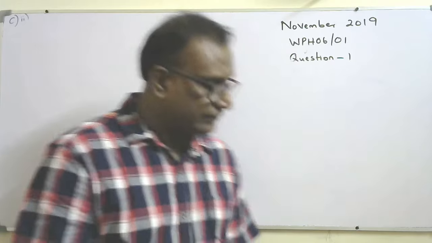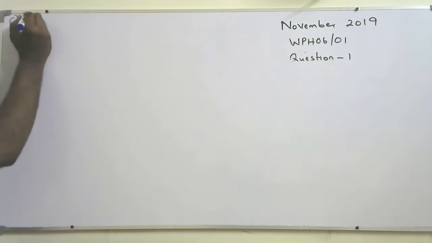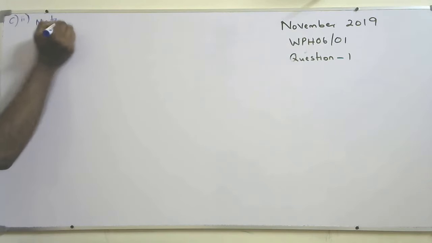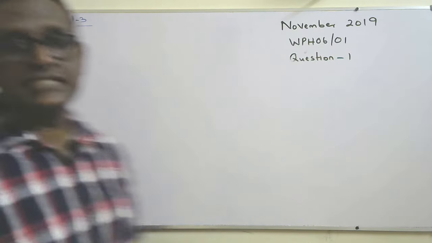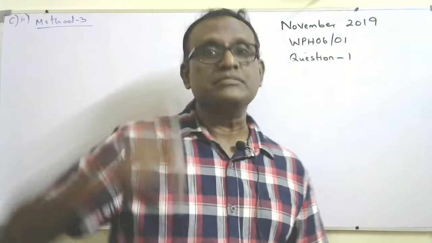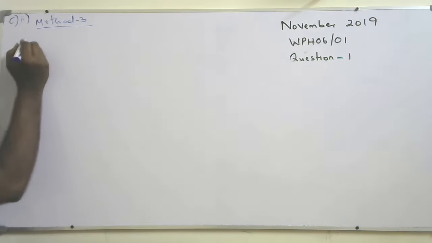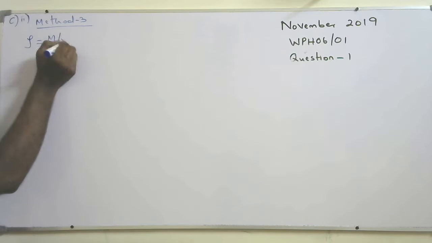Okay, so method 3, the third method for the same question. I should find the percentage uncertainty in density as I did for the first method. Density equals mass over volume.